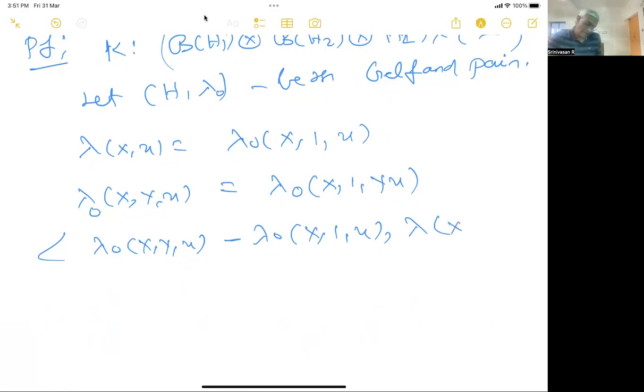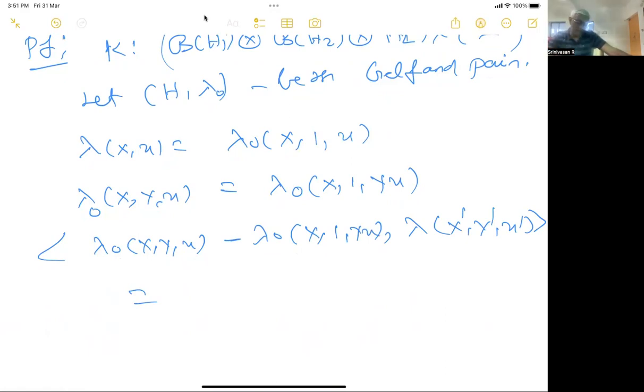Any other lambda x prime, y prime, u prime. Okay. You don't know what lambda not x, y, u is concretely, but you know the inner products. You can take the first inner product and the second inner product, and that will be the same thing. Here I have to use y u.